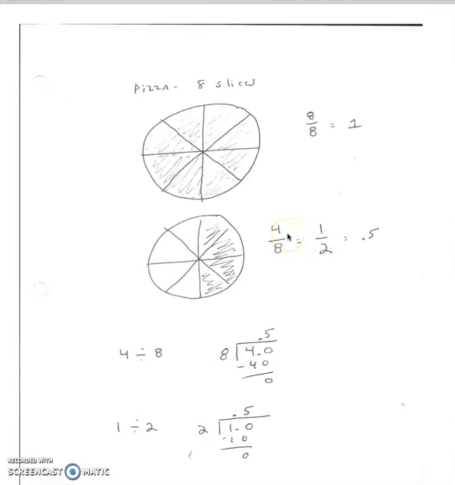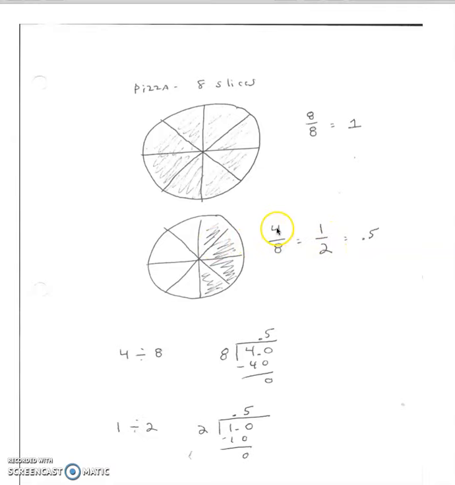If you had a pizza and you ate these 4 slices and someone asked how much of that pizza you ate, you probably wouldn't say, I ate 4/8 of the pizza. You would say you ate half of the pizza, or 1/2.